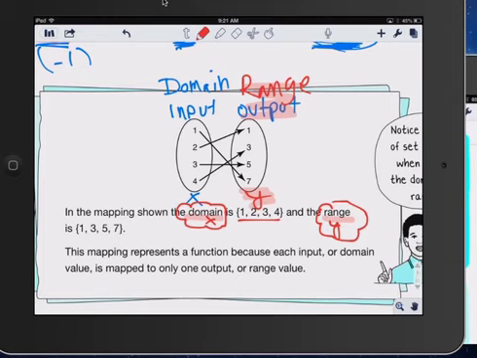Bubble, that's a thought bubble. It's a cloud. It's my thought bubble. When I see my domain, it's an X. I see a range, it's Y. Thought bubble. Okay.